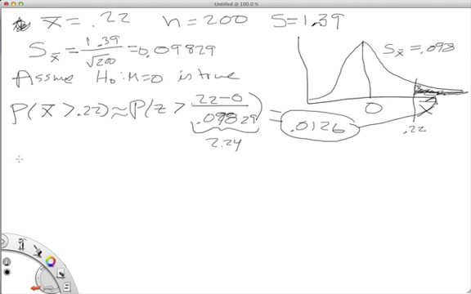So your p-value, recall we have a two-sided alternative, is as follows. Since we've got two tails, it's going to be 2 times 0.0126, and that's equal to 0.0252. Because we have two tails, we add that symmetrical tail over there as well. Final p-value is that.